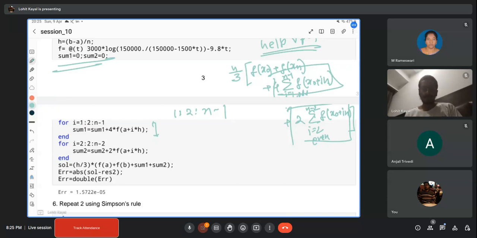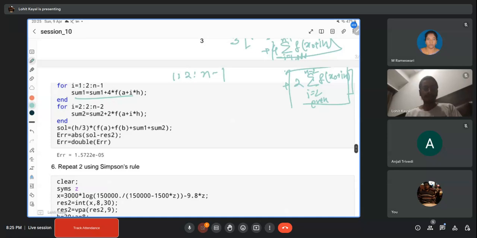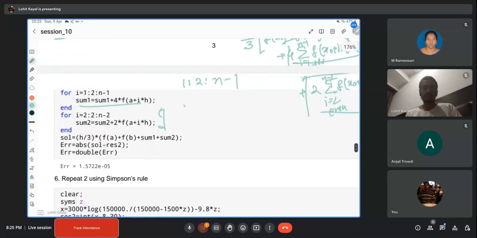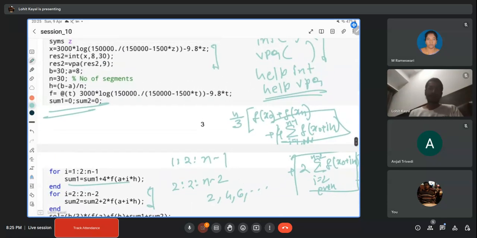This is the first summation, and this is the second summation, so i equals 2 colon 2 colon n minus 2. The first term will be 2, then 4, then 6, and so on. Remember that there is a restriction on the choice of n. So let me write in red.